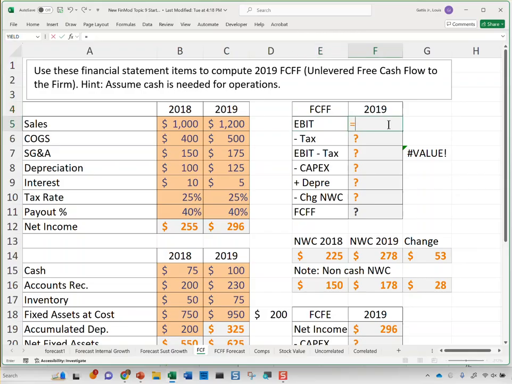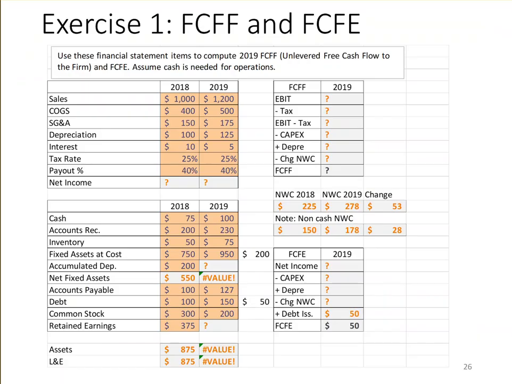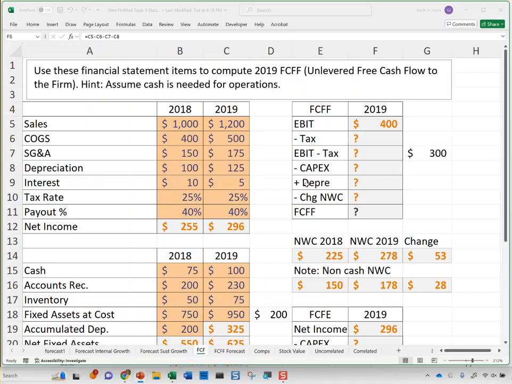Let's go ahead and do EBIT. EBIT is going to be my sales minus my COGS minus my SG&A minus depreciation. Then I'm going to subtract out the tax.